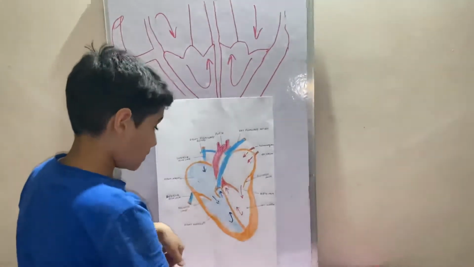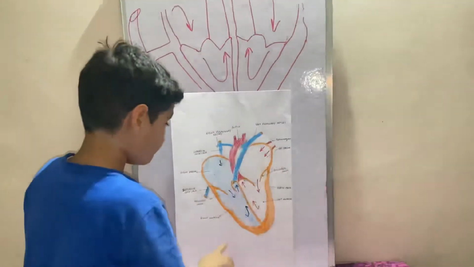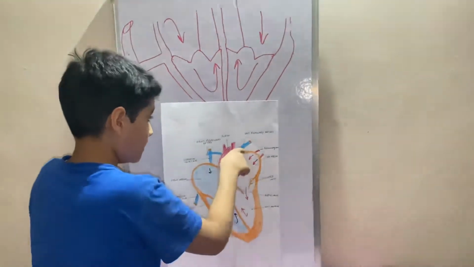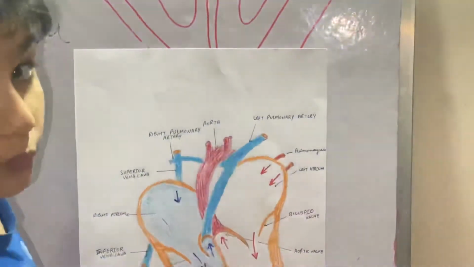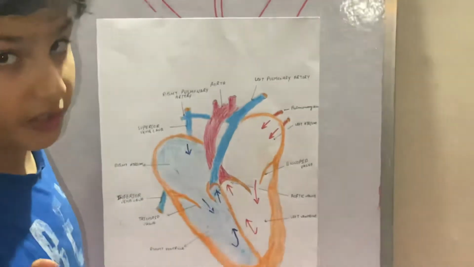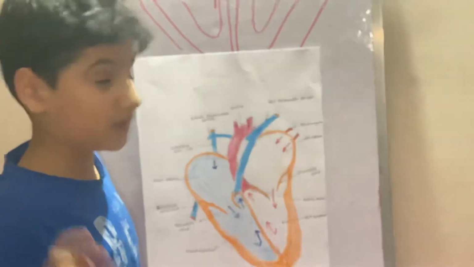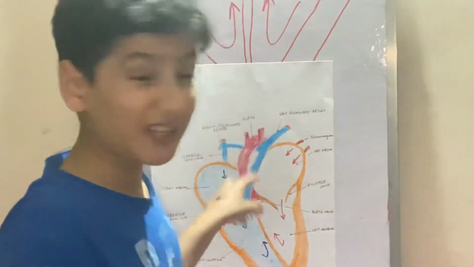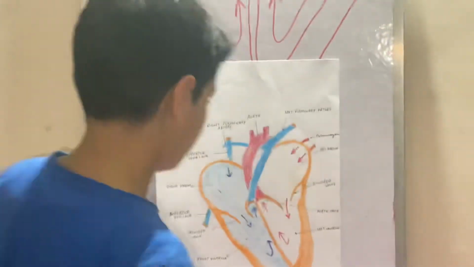It passes the tricuspid valve, which has three cusps. It contracts and ejects into the pulmonary artery, which carries deoxygenated blood. Right? Arteries carry oxygenated blood, but the only exception is these two pulmonary arteries, which carry deoxygenated blood.